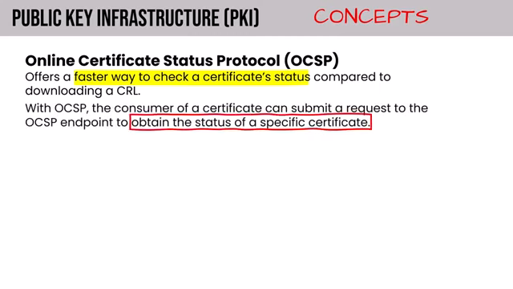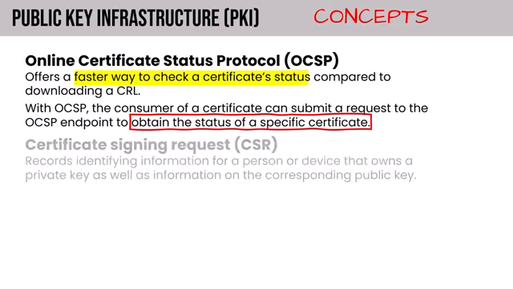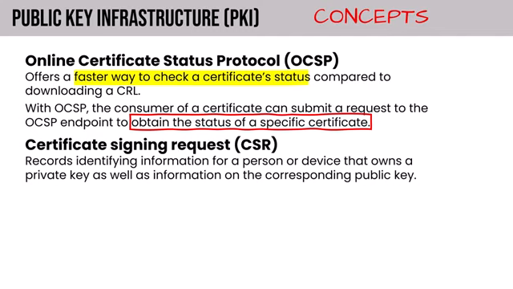With OCSP, the consumer of a certificate can submit a request to the OCSP endpoint listed on the certificate to obtain the status of a specific certificate. Now, a certificate signing request records identifying information for a person or a device that owns a private key as well as information on the corresponding public key.